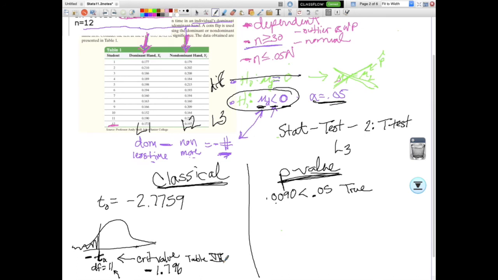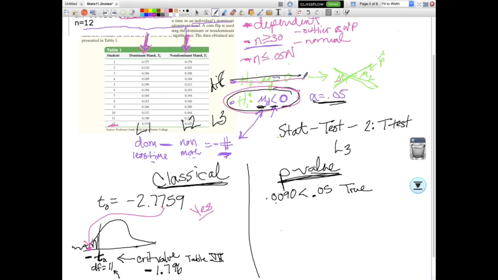Okay? So now we're going to look at where our test statistic is in relation to the shaded region. If this number is negative 1.796, negative 2.7759 is definitely in the shaded region. Is it in the shaded region would be the question you ask yourself. The answer is yes. So yes, there's enough evidence to reject the null and accept the alternative.